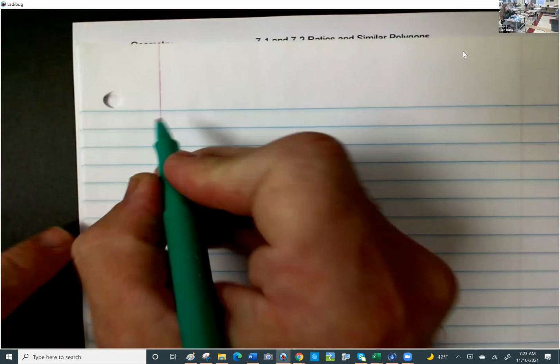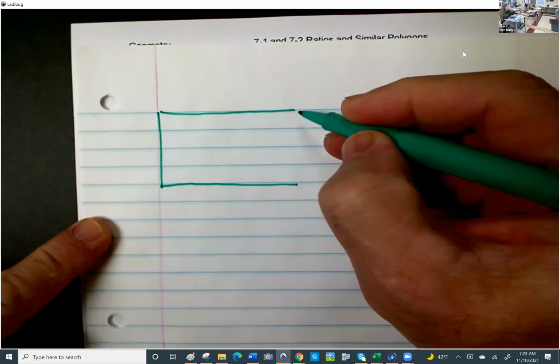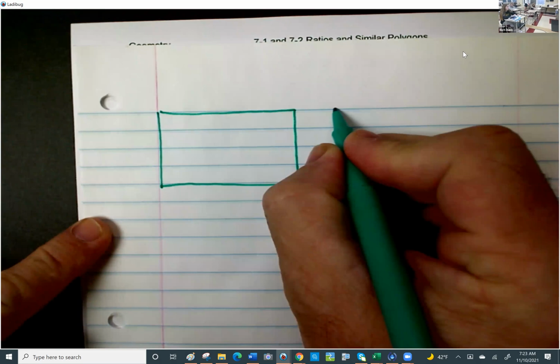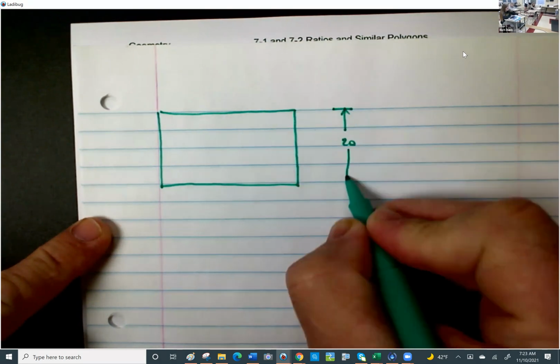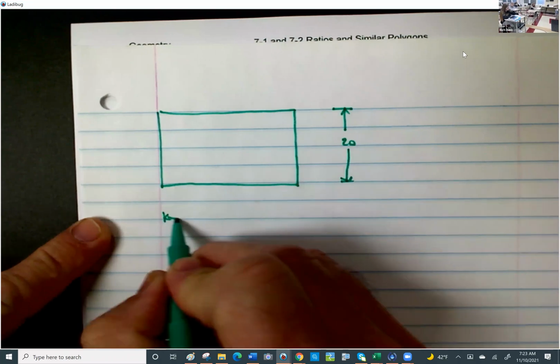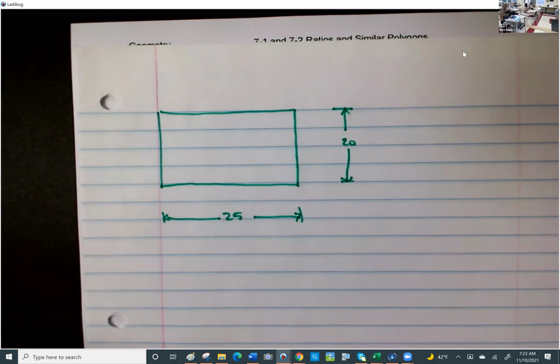Okay. So I've got this sheet that I start out with that is 20 in this direction and 25 in that direction. And what do I do with it?